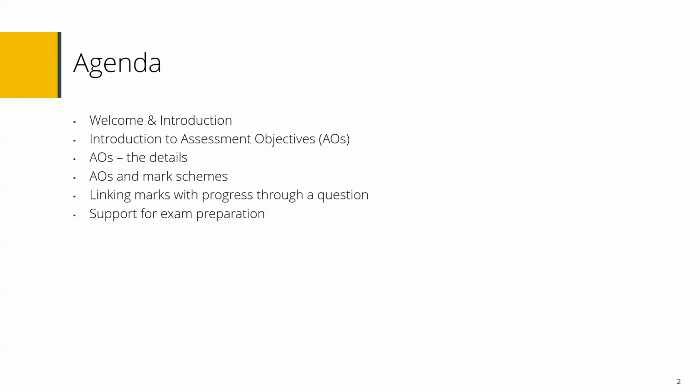It's worth knowing how they work, so that as you choose exam questions or create mocks or other homework pieces, or while we teach our students, we are aware of those assessment objectives and train the students in how to approach different problems, but also the way to think mathematically. We'll go into more details with that one, and then look at how the assessment objectives guide the marks within the mark schemes.